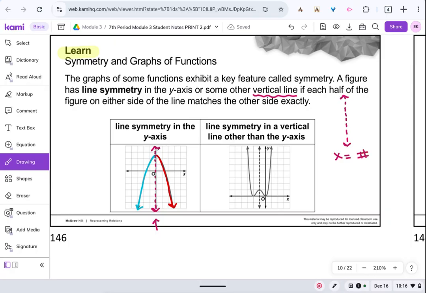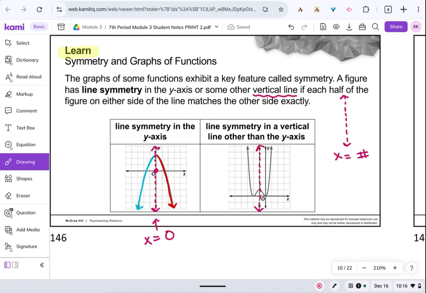That number is where it crosses the x-axis. So in this example here, x is equal to 0, so my line of symmetry for this one would be x equals 0.